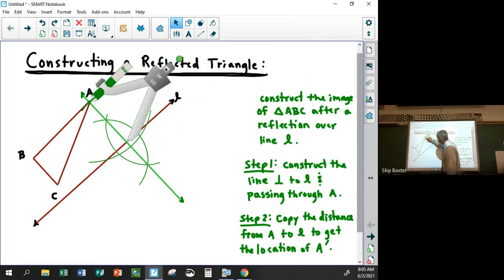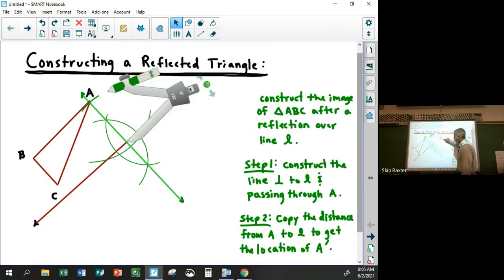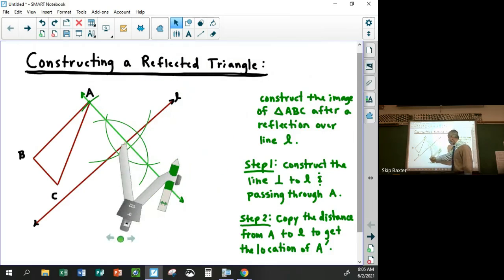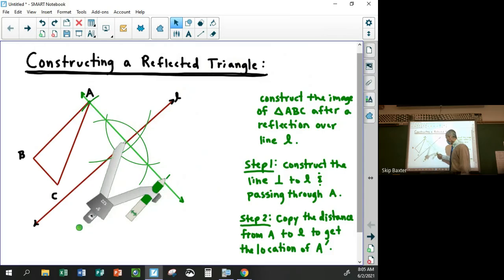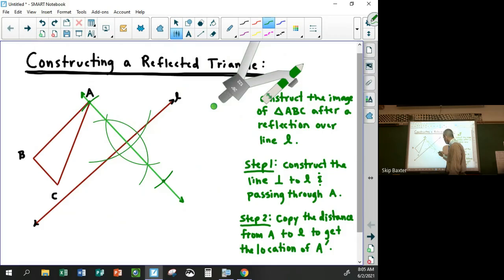Right, I'm measuring that distance, and then all I need to do is keep the point at the same point on L and just go over and copy it to there. Okay, now it's definitely true that A to the line is the same distance as from the line to that point. That's the point A prime. That's the image of A. I'm a third of the way there. Told you this one's the most work.